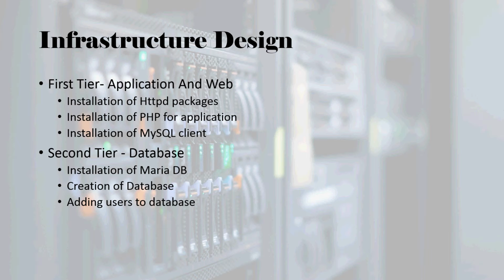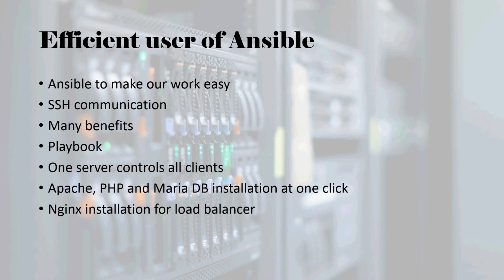And then we will install the PHP MySQL client on the app server. The second tier would be the database server, on which we will install MariaDB. We will create a couple of databases, add users, and grant all the privileges to the users for the desired database.